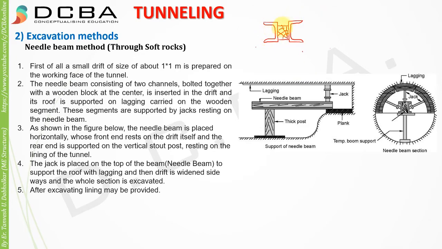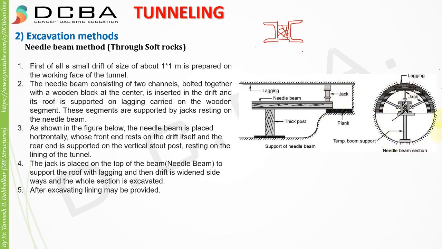On top of the needle beam we will be placing jacks. So as you can see here, jacks are placed on top of the needle beam, and to support the roof we will be putting something called lagging. This lagging is used to support that soft rock so that it does not collapse, and to support this lagging, the jack is provided.